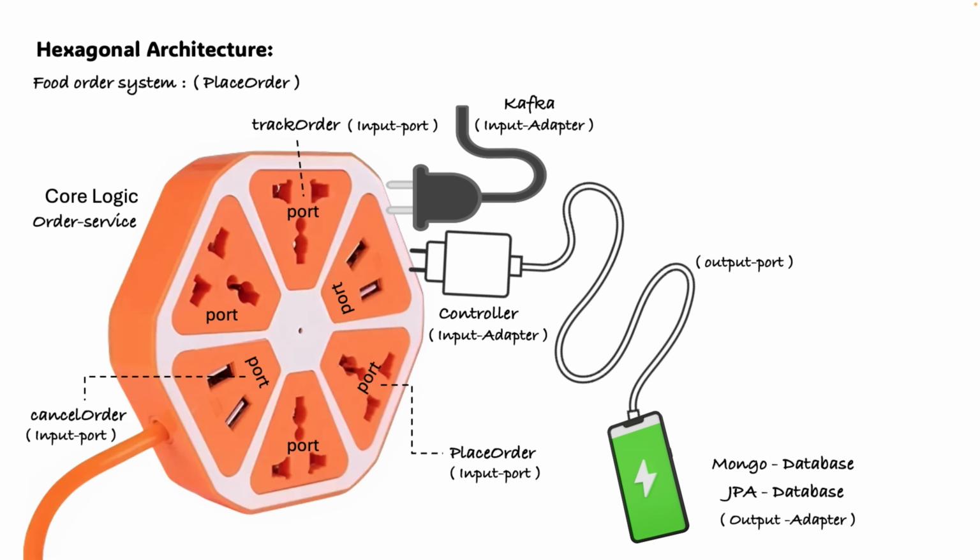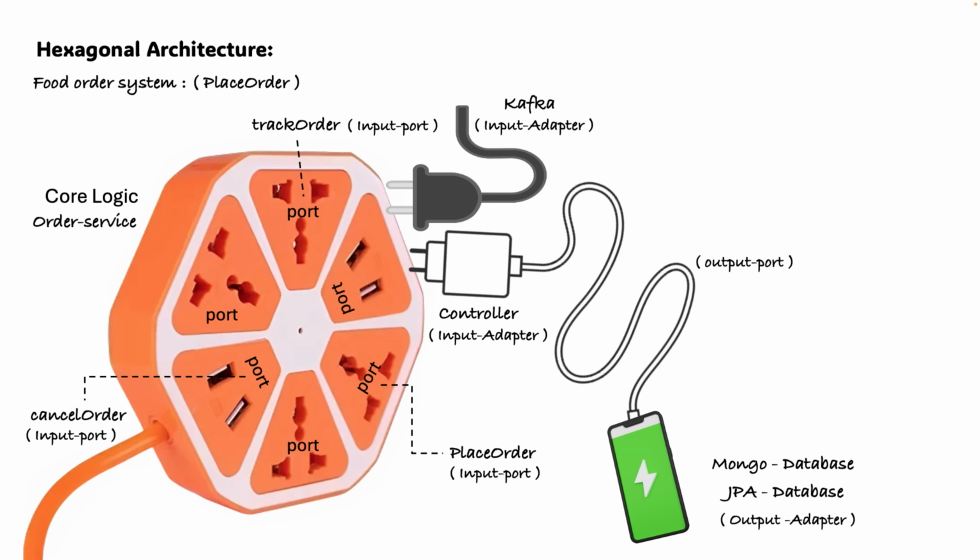No worries, you can simply unplug the JPA adapter and plug in a Mongo adapter without touching any of your core logic or service classes. So that's the power of hexagonal architecture. It makes your application modular, pluggable, and ready for change without touching your core logic.